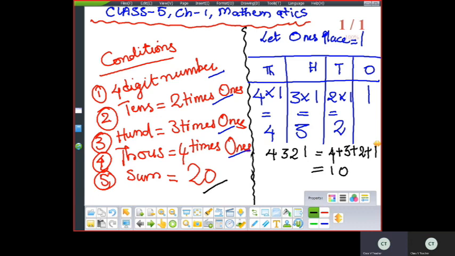What we have to get here is 20. Is the condition satisfied? No. So our fifth condition is not satisfied, so this number is not correct. Let us try the next ones place number.